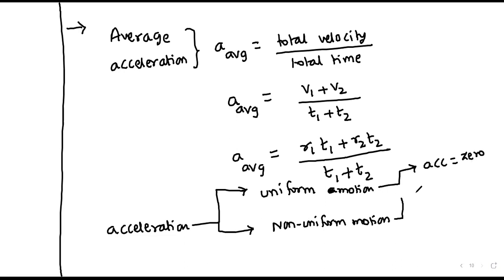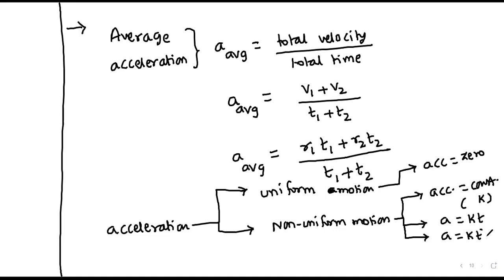In non-uniform motion, acceleration will be constant, that is k not equal to zero, or acceleration proportional to time, or acceleration equal to k into t power n. That means as time increases by 2 times, acceleration will increase by 2 power n times.